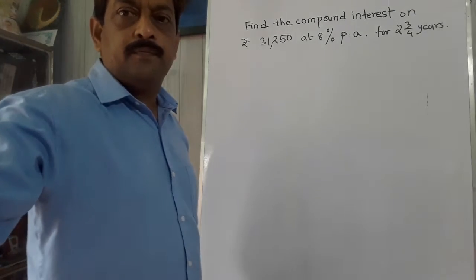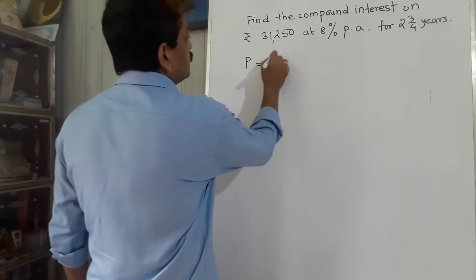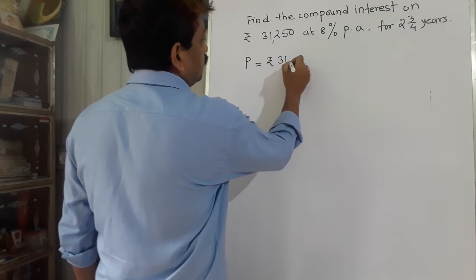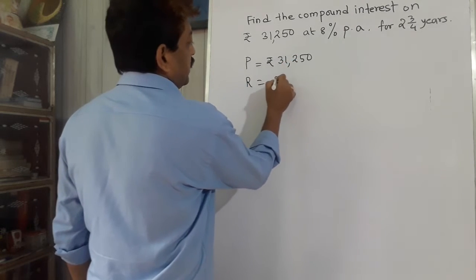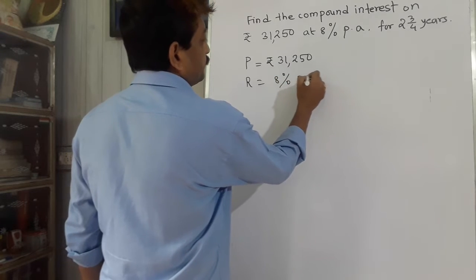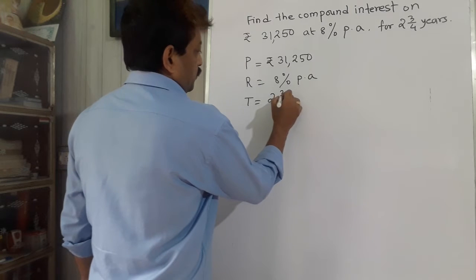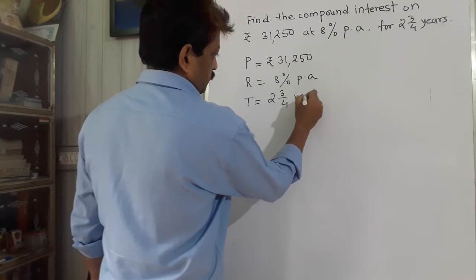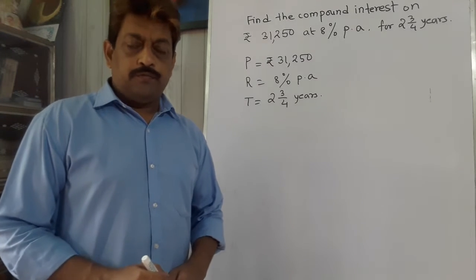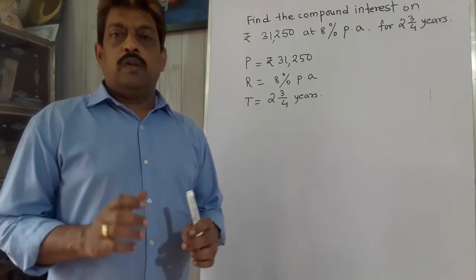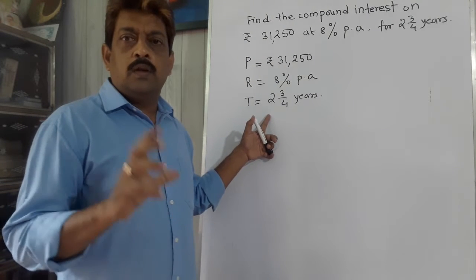Okay, here the principal is rupees 31,250. The rate of interest is 8% per annum and time is given 2 whole 3 by 4 years. So in this type of sum, what we have to do, first of all, we will take the time as a whole number. Only the whole number part will be taken.